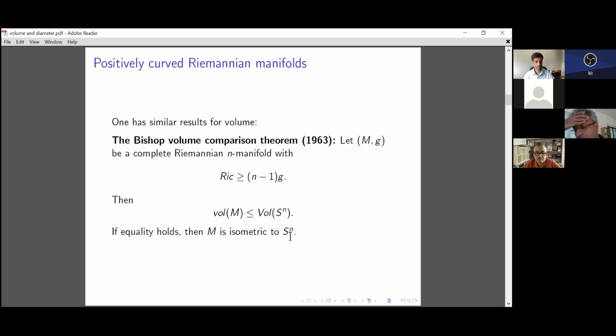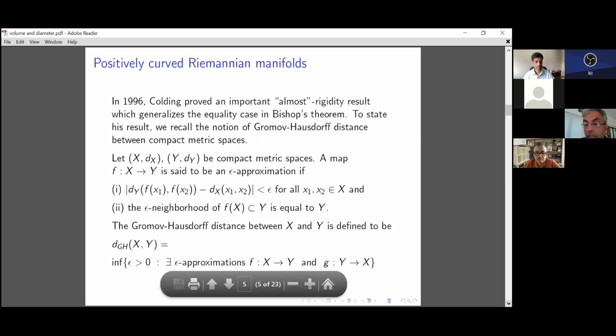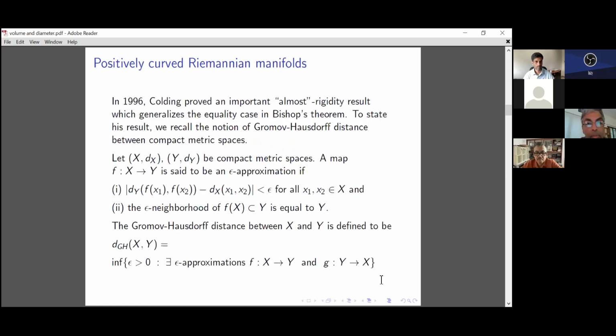This question would have made sense even back when Bishop proved the theorem, but the only point is that there was no suitable notion of being close geometrically. After Gromov introduced his notion of Gromov-Hausdorff convergence in the 80s, the notion of closeness between Riemannian manifolds became well accepted.